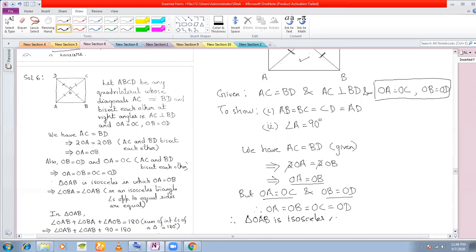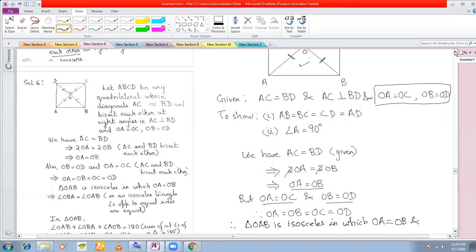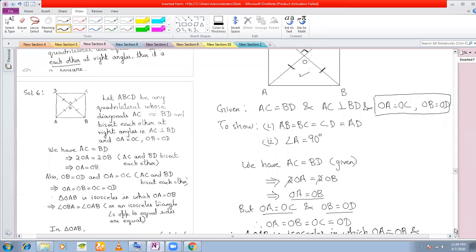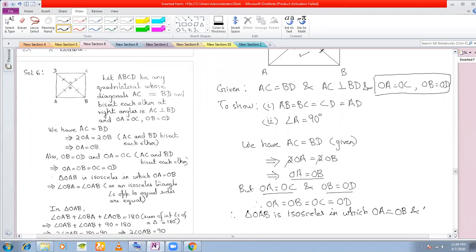In which OA is equal to OB. Okay. And what? Angle AOB is 90 degree. In fact, it is an isosceles.